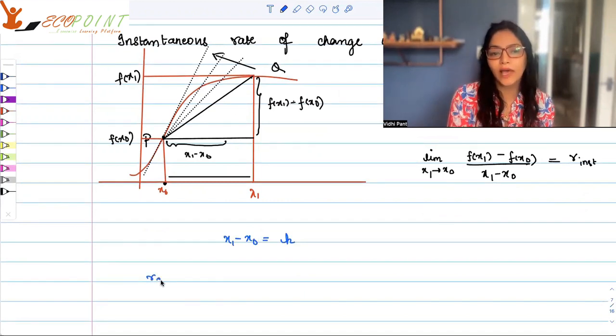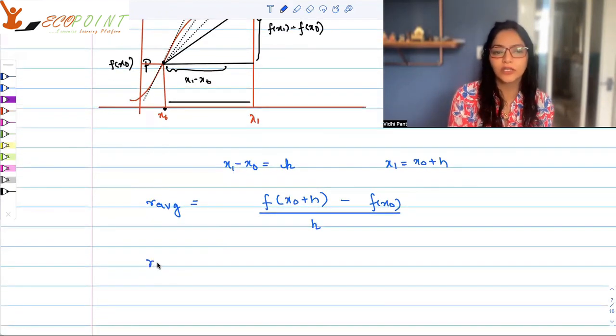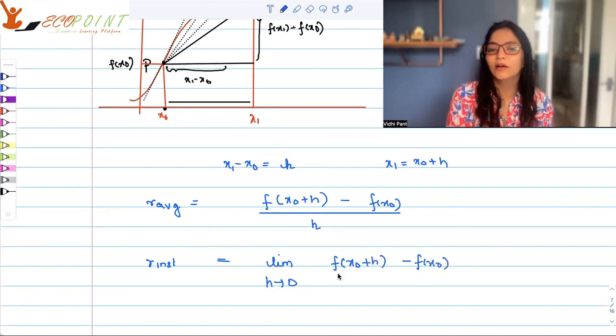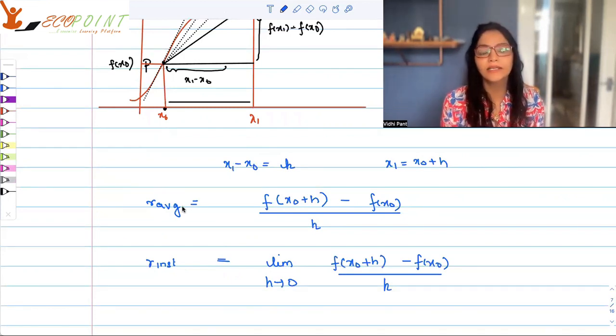Then your average rate would turn into f(x0 plus h) minus f(x0) upon h, and your instantaneous rate of change will turn into limit h goes to 0 of (f(x naught plus h) minus f(x naught)) upon h, right?